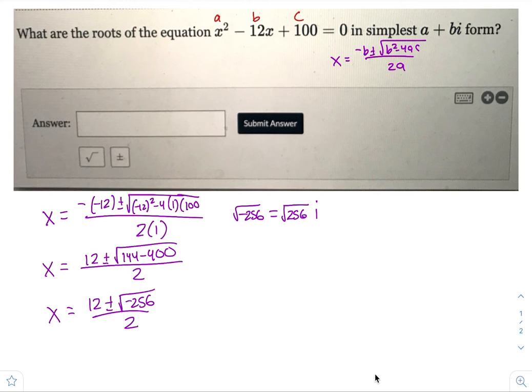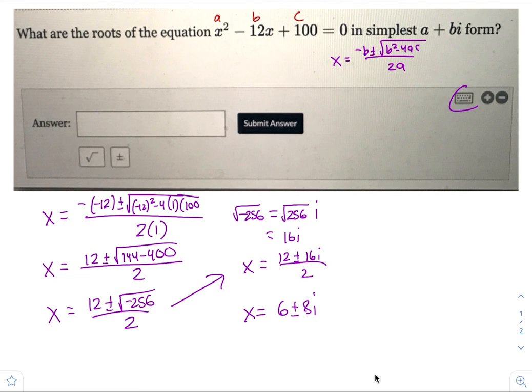This 256 is a perfect square, and the square root of 256 is 16. So what we really have is x is equal to 12 plus or minus 16i all over 2. And x is equal to 6 plus or minus 8i.